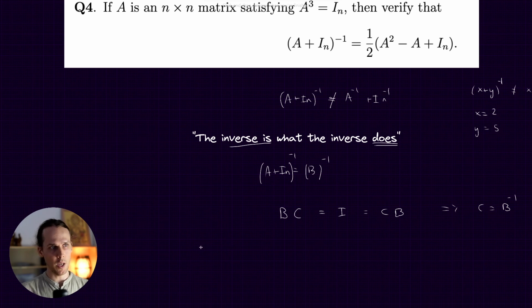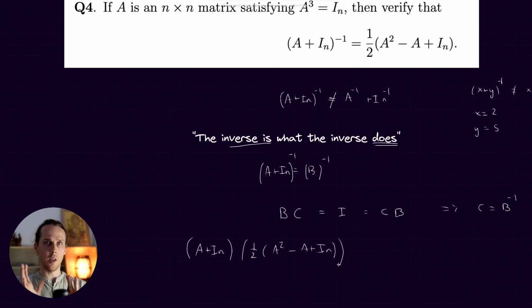So instead of B, I'll write A plus the identity. I'm going to write something, and I want you to think, is it true? What I'm going to write is B times the proposed inverse, so A plus the identity times this other thing they've given us.